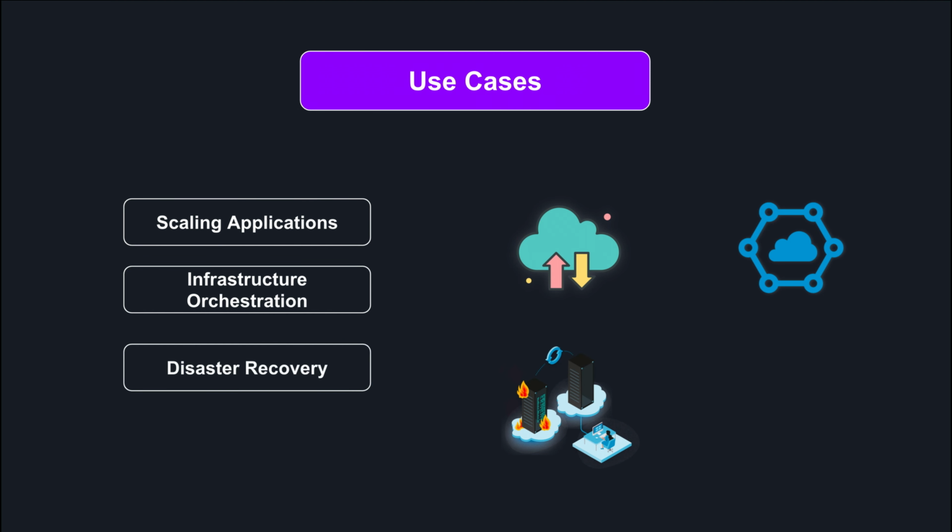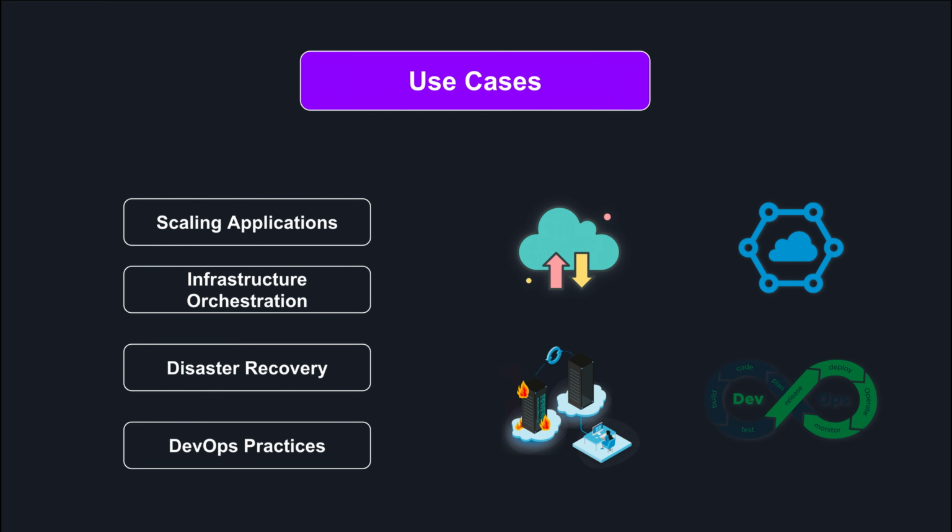Next is disaster recovery. Terraform enables you to quickly recreate your infrastructure from code, aiding in disaster recovery scenarios. Lastly, DevOps practices. Terraform seamlessly integrates into CI/CD pipelines, automating the provisioning and management of infrastructure for efficient development and deployment workflows.